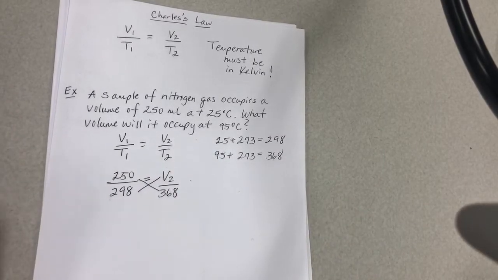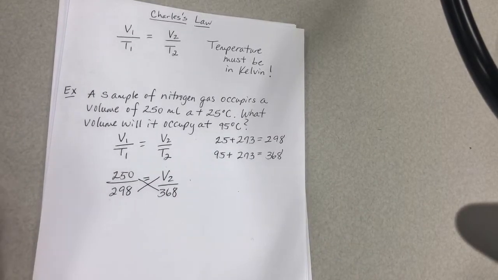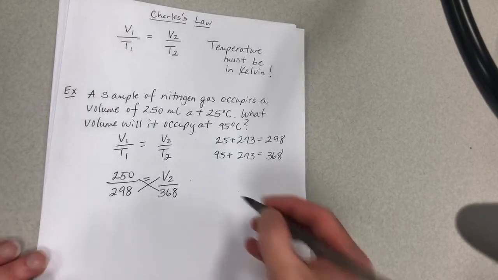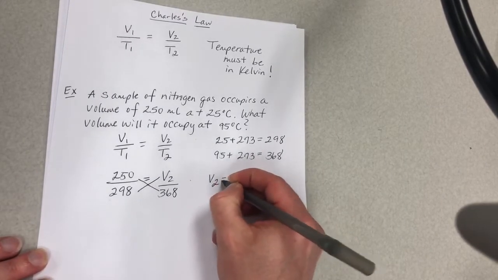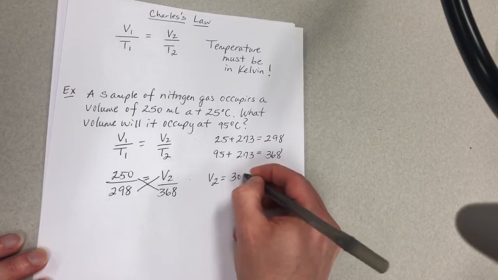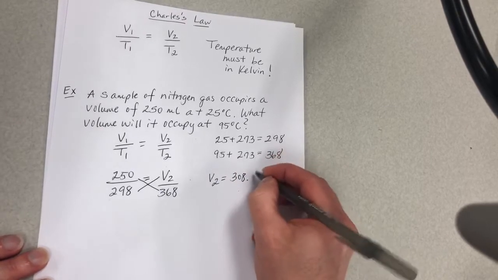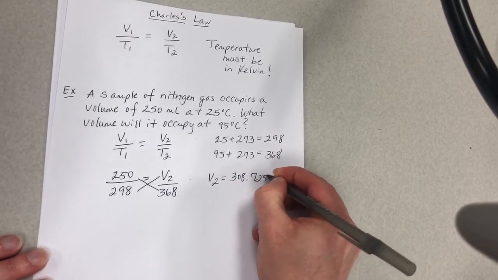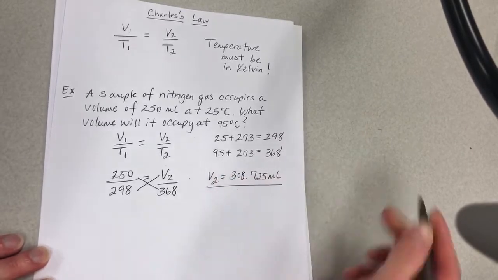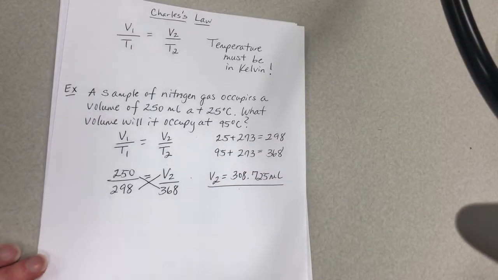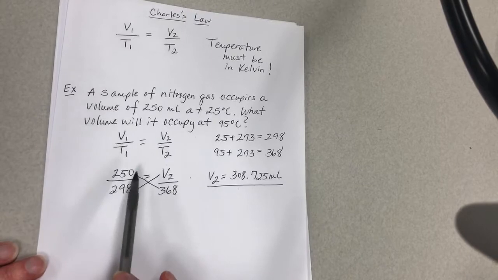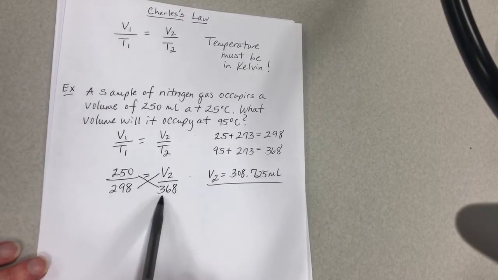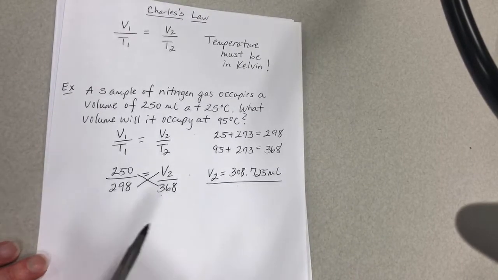So we do 250 times 368 divided by 298, and you should get V2 comes out to be 308.725 milliliters. Okay, once again, the algebra in that: you cross multiply and divide, so you multiply this number times this number and divide by this one.